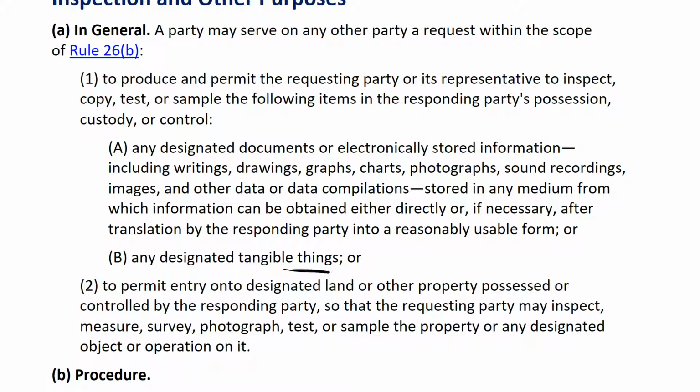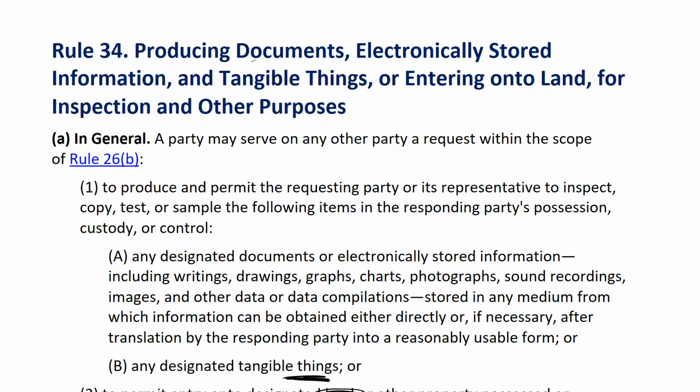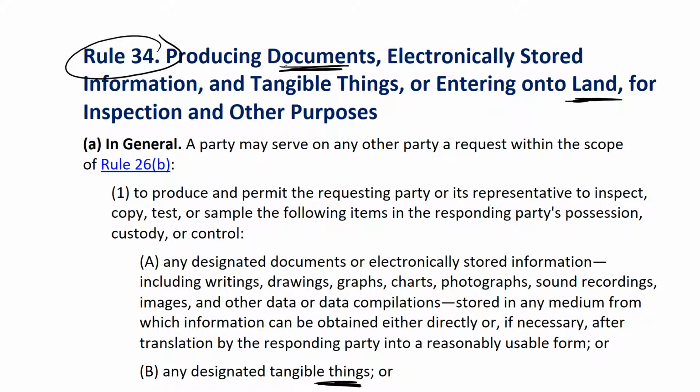It's also things. In addition, it's the ability to go on and visit land, I mean, land or other property. So that could be a house, a business, a lot, a mine, what have you. Okay? So even though people often say Rule 34 is about document requests, it's actually about so many other things.